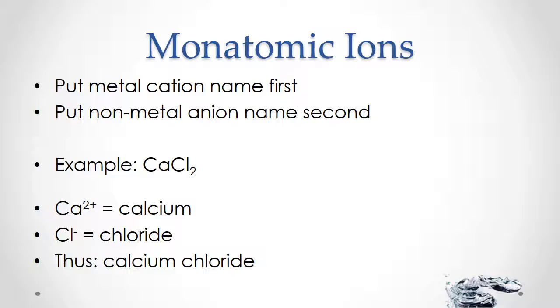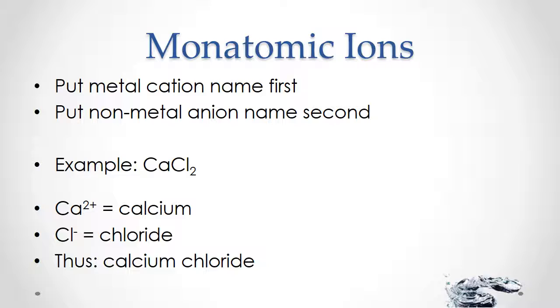Now you'll note that when we looked at the formula, there was a subscript 2 next to the chloride. We have to have 2 of the chlorides because they have a 1 minus charge to cancel out 2 plus charge from the calcium. So every time we see something like this where our charges are not the same, we're going to have to make sure that we balance our charge with our formulas.